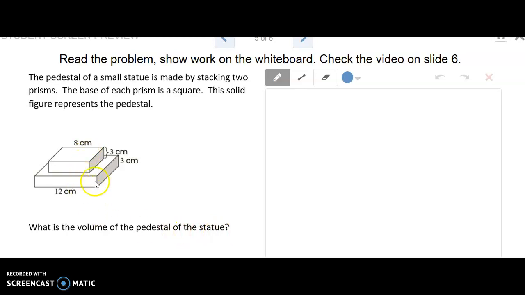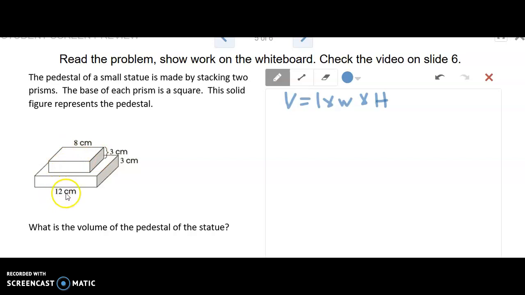Okay, so there's some things we need to know. We need to know that our volume equals our length times our width times our height. We also know that these are both squares, so the base of them are both squares.